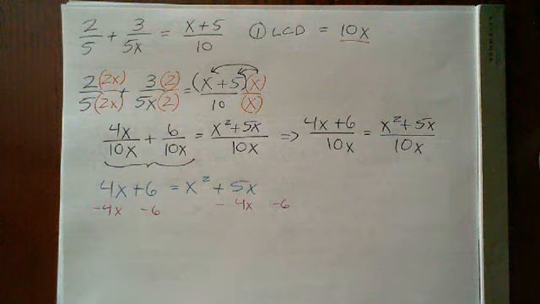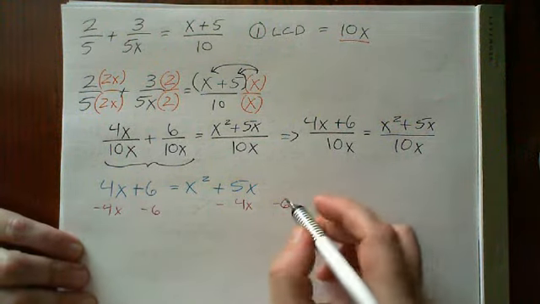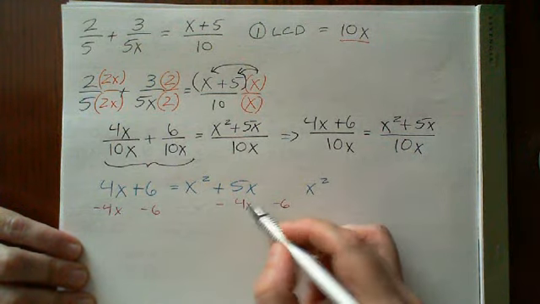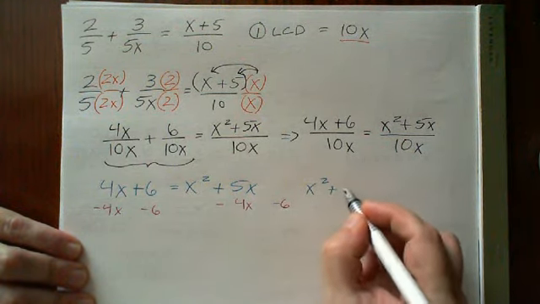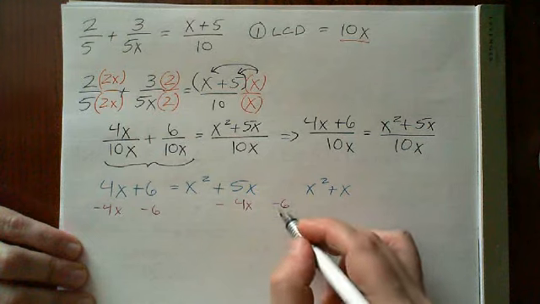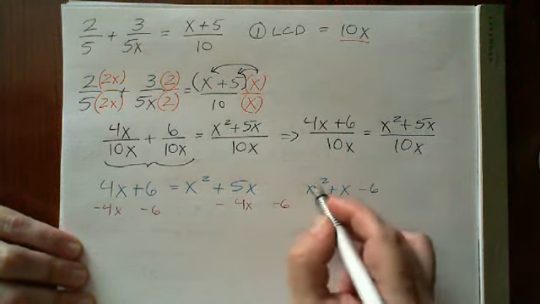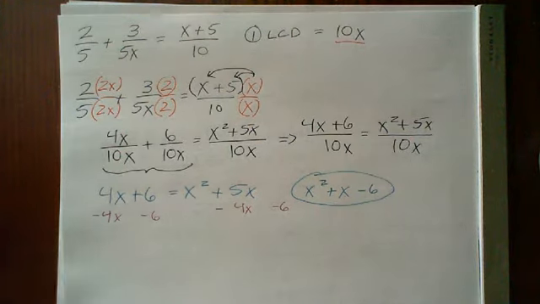As I said, we're going to end up here with a quadratic. So let's see what we end up with. X squared. Now 5x minus 4x is just x. And then there's nothing here, so 0 minus 6 is negative 6. Now this is our quadratic. We can set that equal to 0 and solve for x, and we'll be done.